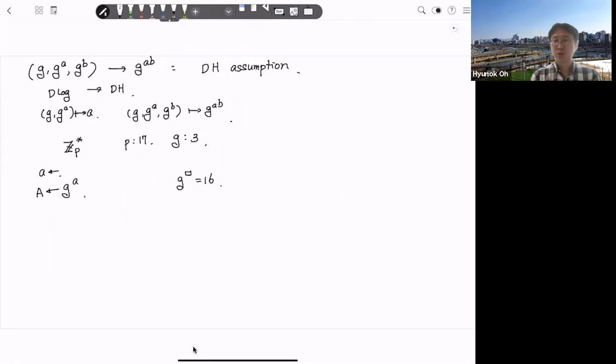So can you post any public value to the chatting window? You have to choose randomly one value and then compute G to that value mod 17.